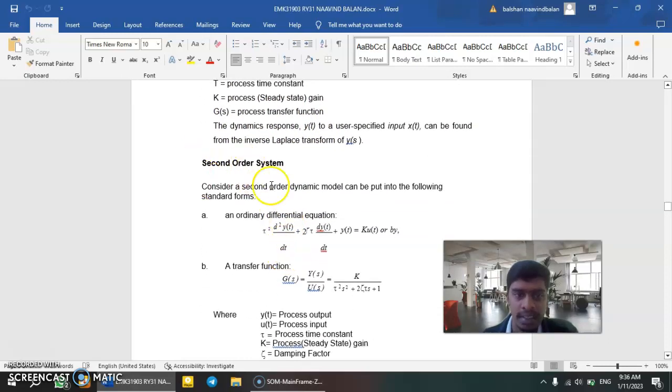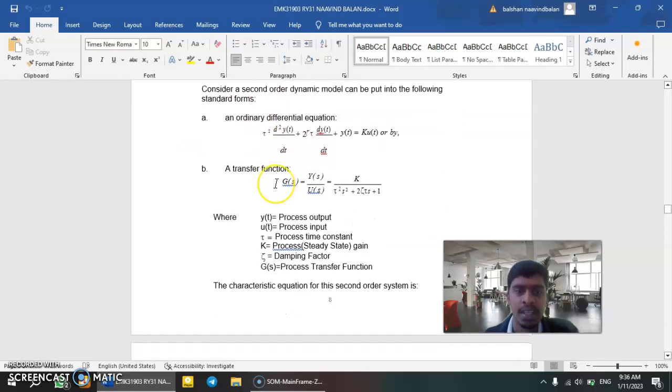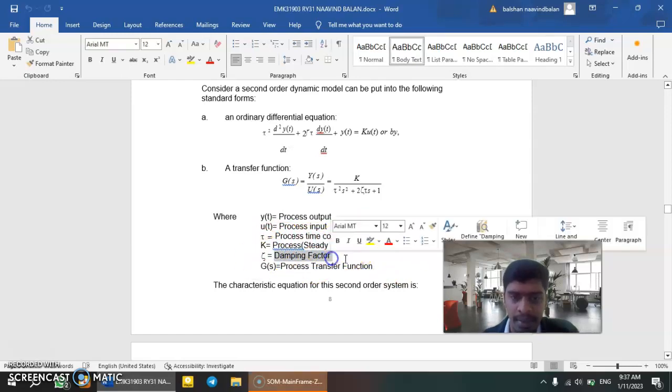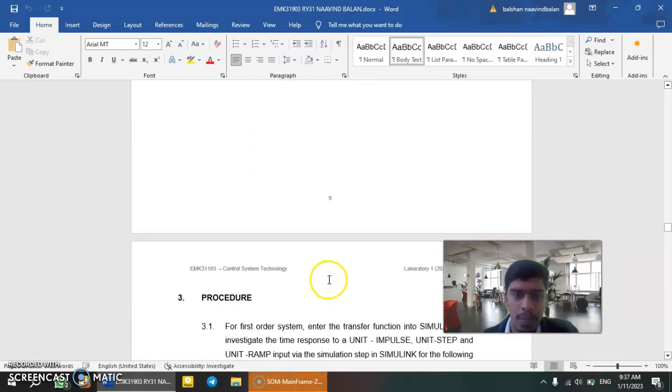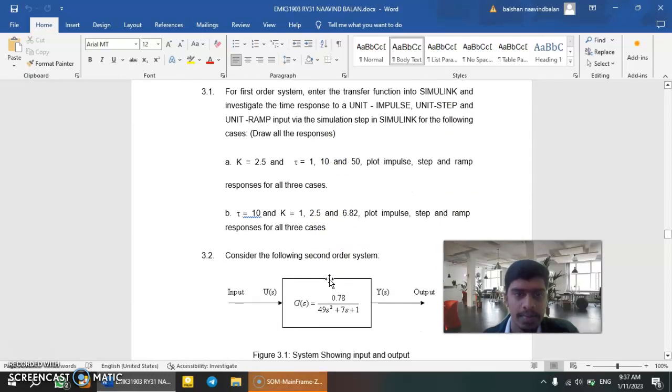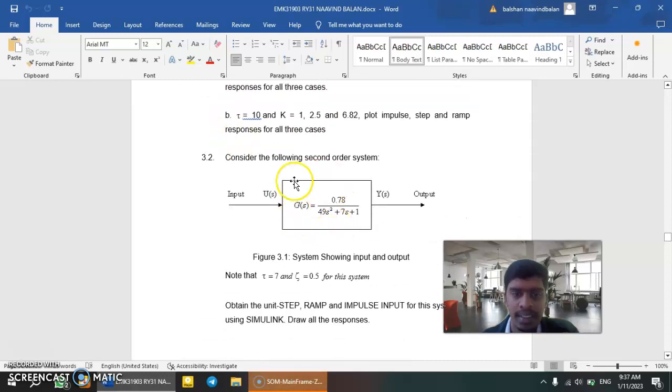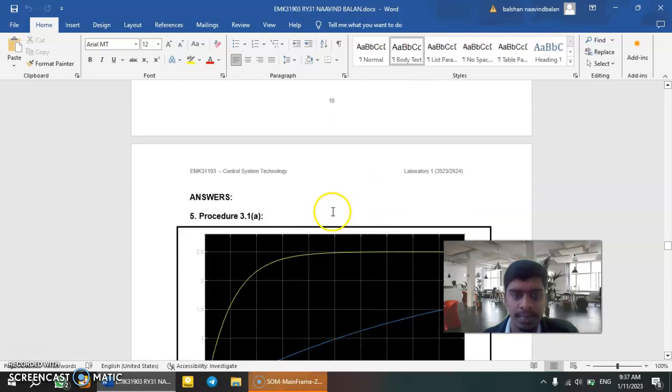For the second order system, there is an additional part, the damping factor. It is the same as output, input, time constant, and process gain, but here there is an additional damping factor, and the process transfer function. The values just need to be modified in the transfer function.